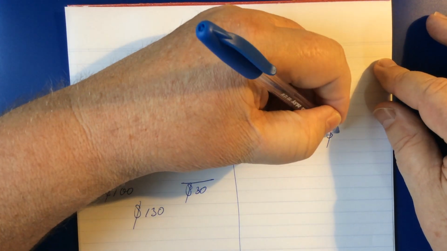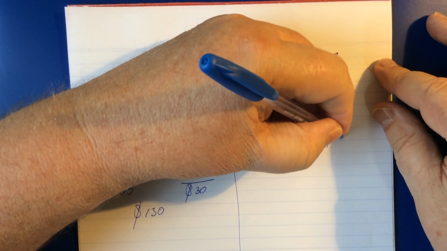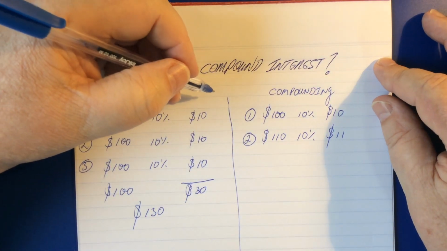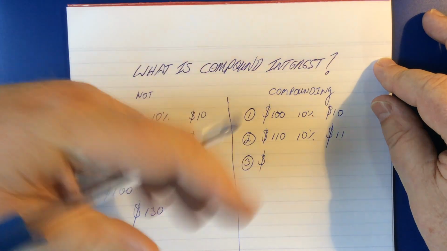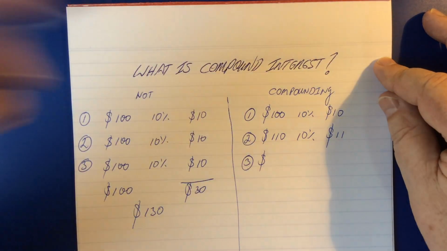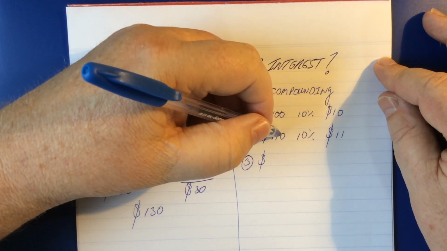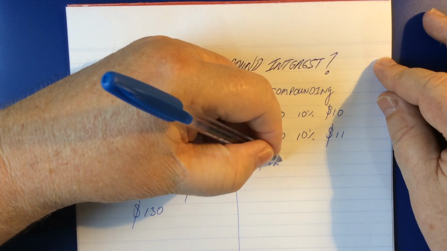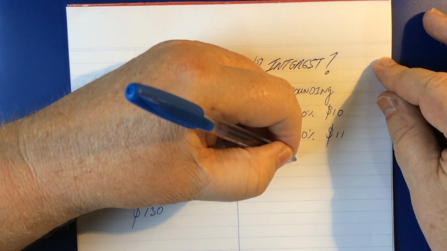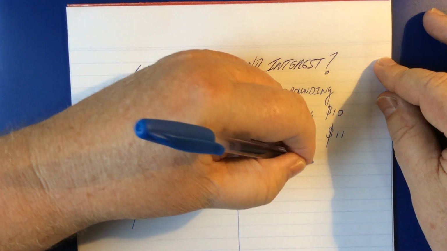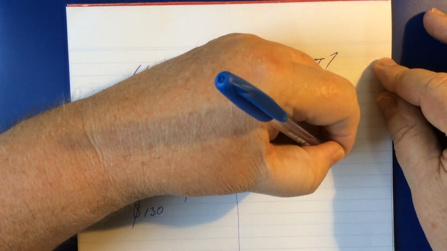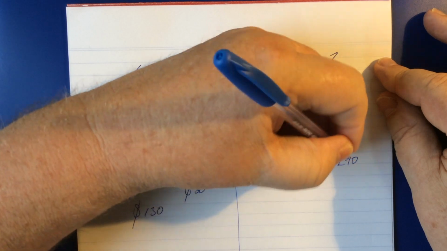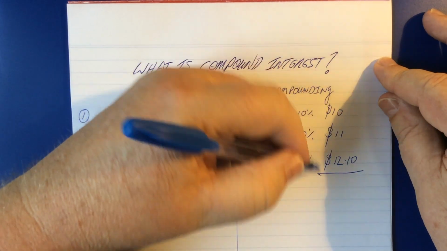And 10% of that is $11. We do it again in year three, and I only need to go to year three to show you the difference. 110 plus 11 is 121. And we take 10% of that, and what we get is $12.10.